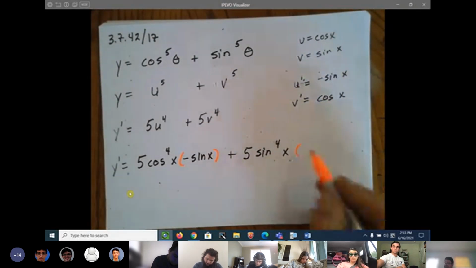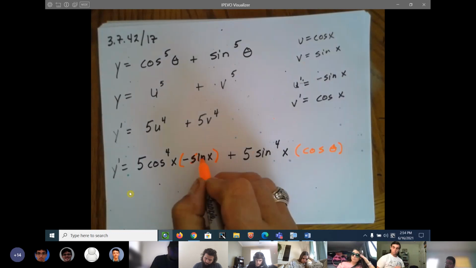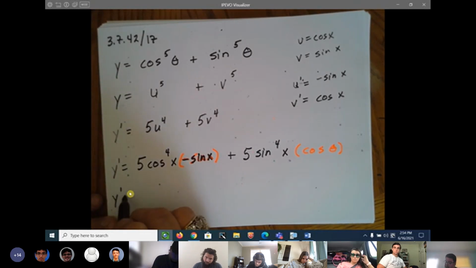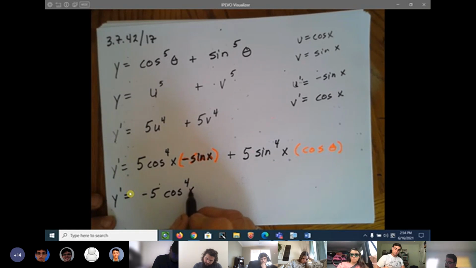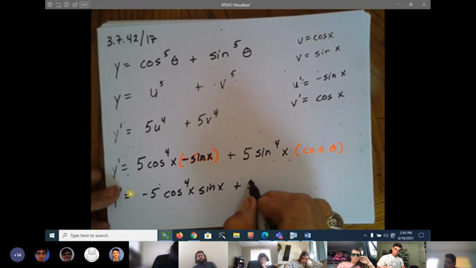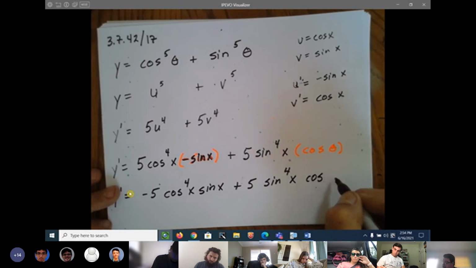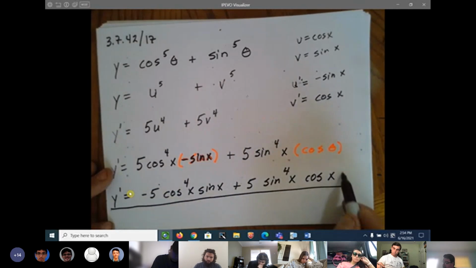The cosine. And now you just simplify it. Y prime is equal to negative 5 cosine 4th of x sine x plus 5 sine 4th of x cosine of x. So I'm sorry, theta. I didn't do theta, I did x. My bad.